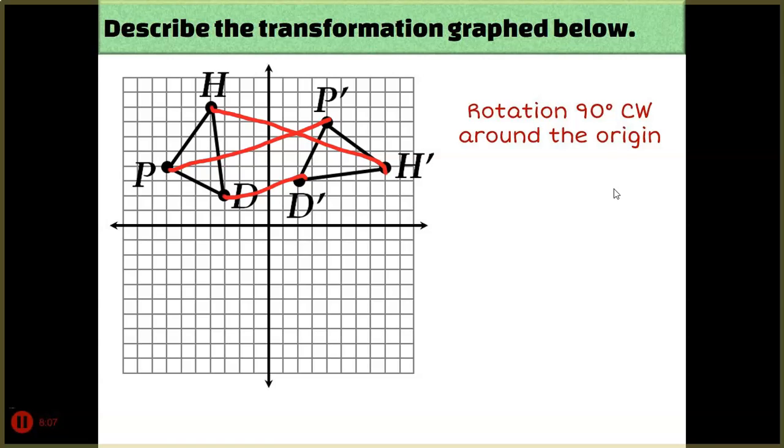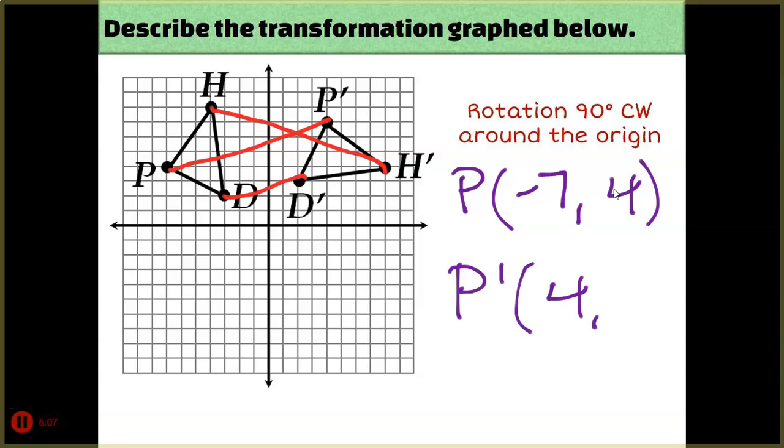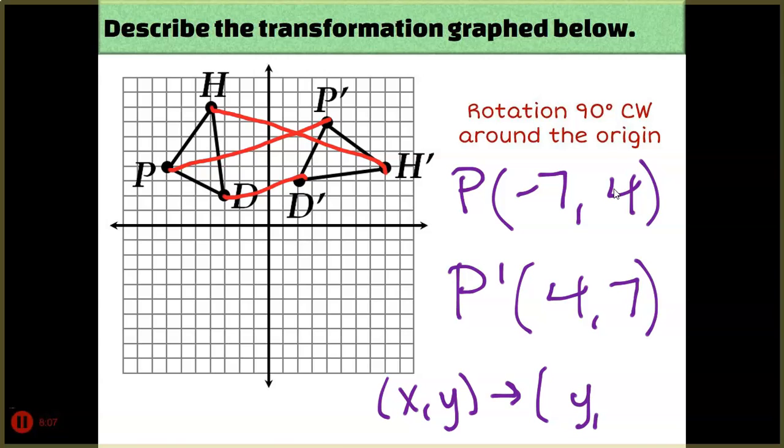Another thing you can do to prove that this is a rotation is look at what happened to the pre-image points versus the image points. P, for example, was the point (-7, 4), and P prime is the point (4, 7). So this rule that would match what we did here, well, I changed around the order of my numbers, so y became x and x became y, but I also changed the sign of my x value when I made it the image point.